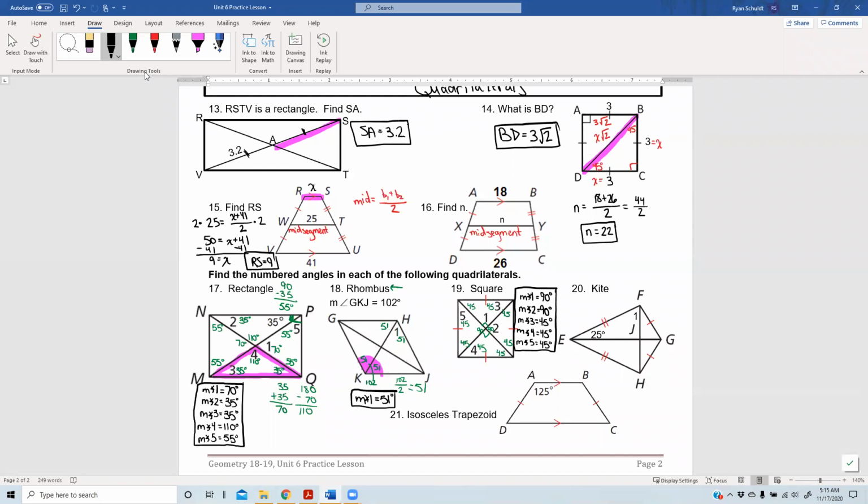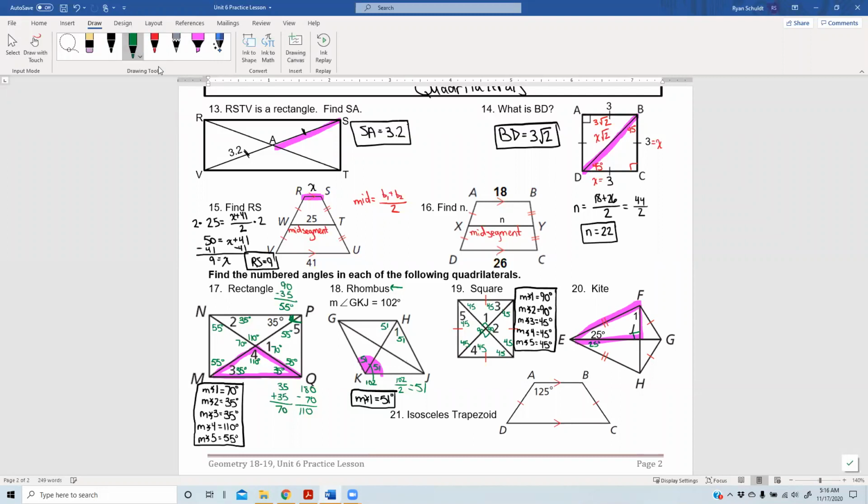Okay, next one we have a kite. Well, the diagonals on this kite intersect at a 90-degree angle. I'm given 25, and yes, you can go on and say, oh yeah, this one's 25 too. That's great. You're right. So let's see if we can use the information that we know to quickly get angle 1. Angle 1's up here in this corner.